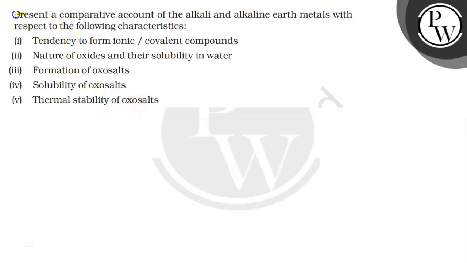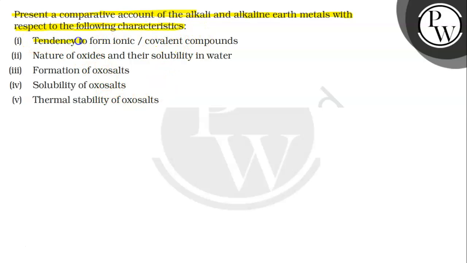So the question says: present a comparative account of the alkali and alkaline earth metals with respect to the following characteristics. Generally we have to compare the alkali and alkaline earth metals on the basis of these five points.